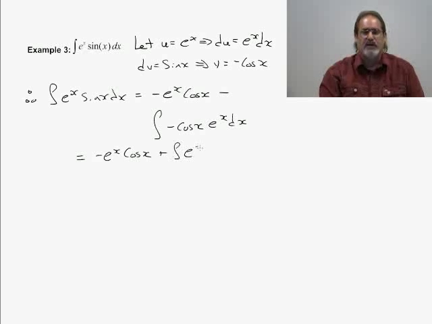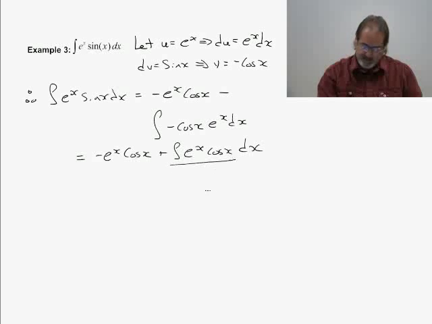Again, to finish this up, I'm going to need to use integration by parts again. So for just this piece, I'm going to once again let u equal e to the x, then du equals e to the x dx.